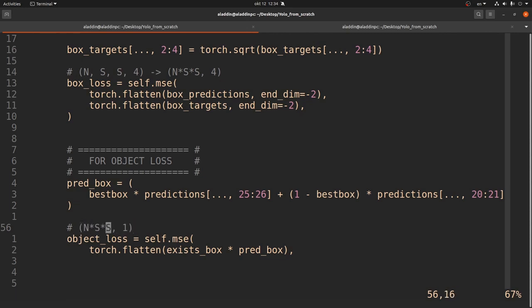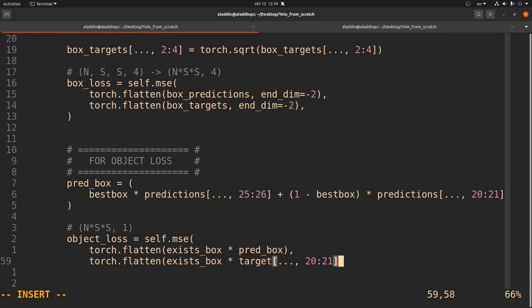So we're going to take that for all of these cells for each example. And I think we don't have to specify the start dimension here because it's going to do that by default. All right, so then we're going to do the same thing, torch.flatten of exists box times target. Like that. No, like that.